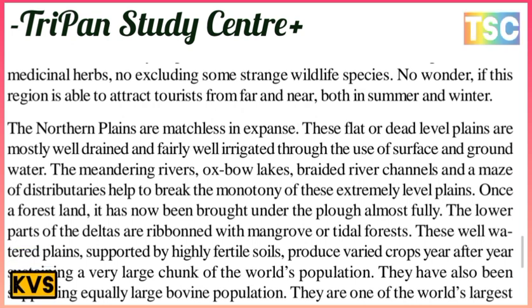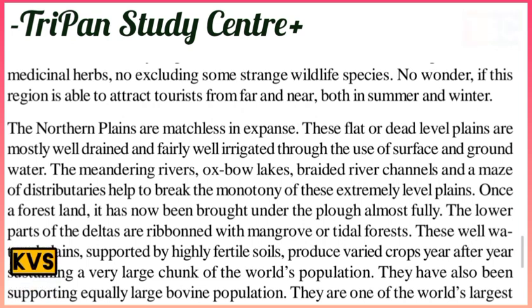The main rivers, oxbow lakes, drained rivers, channels and a network of distributaries help to break the monotony of this extremely level plain. Forest land has now been almost fully cleared. The lower part of the deltas is covered with mangrove or tidal forest.